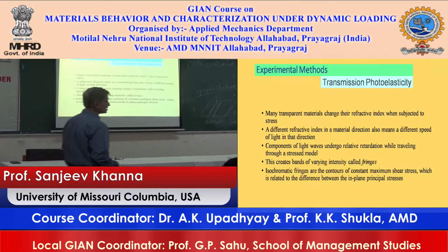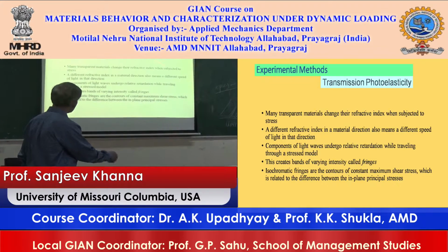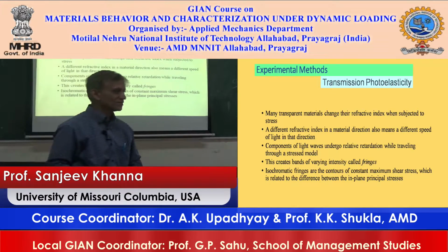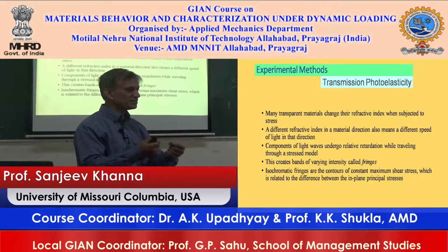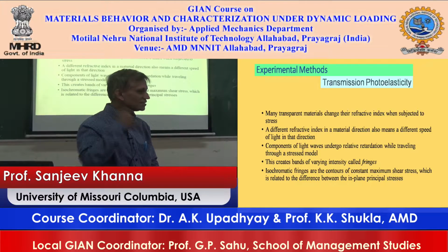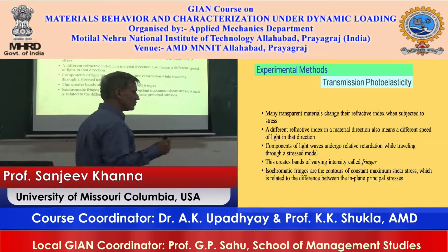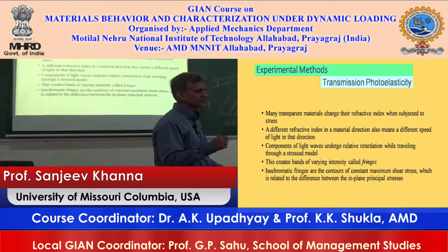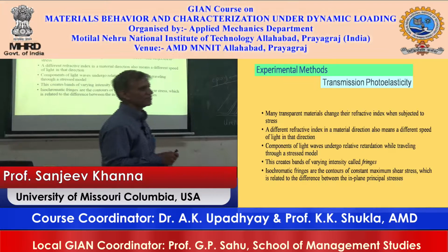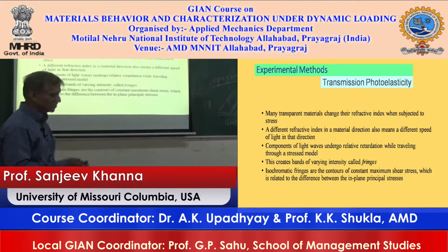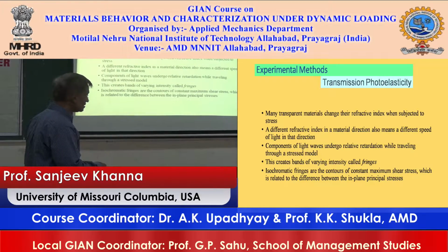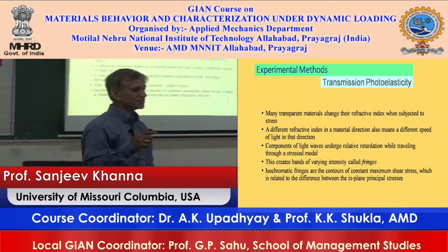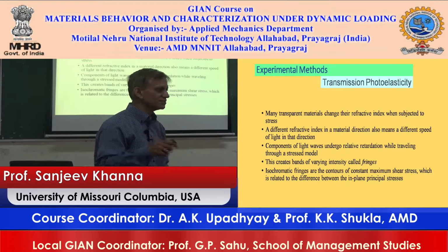Let's say this frame you see here is a composite or any material that is going to change its refractive index depending upon the state of stress at that point. The state of stress is best defined by the principal stresses, sigma 1 and sigma 2 in that plane. So at this point here, I have some stress values sigma 1, sigma 2.